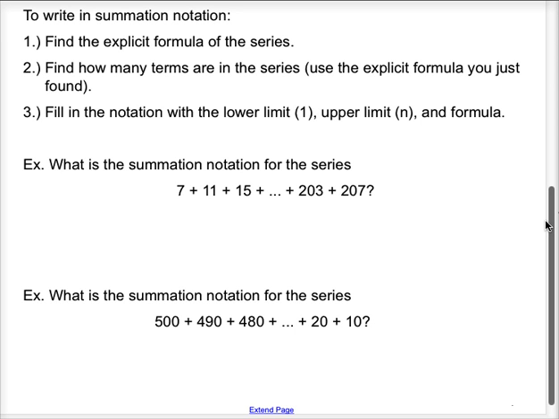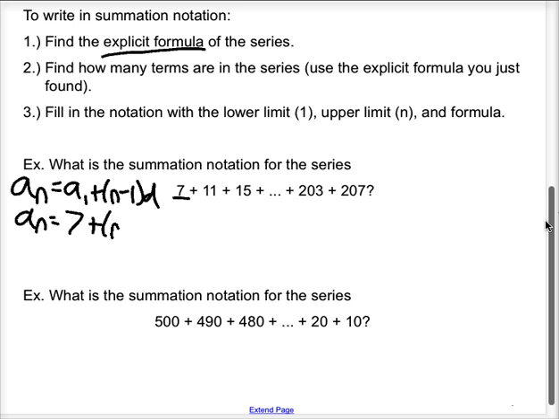So the first thing, we need to find the explicit formula. Well, the explicit formula looks like this. So, an equals, well, your first term is 7. D, well, looks like to me we're adding 4 every time.